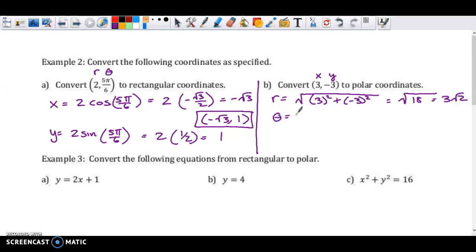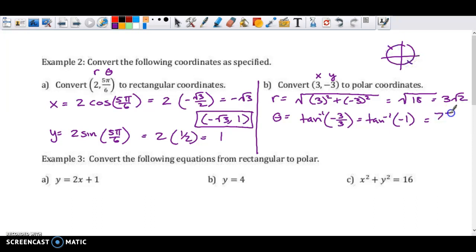Theta, we need to find an angle. You could use sine or cosine or tangent. I normally like to use tangent, especially in cases like this, where it's negative 3 over 3, because that's the inverse tangent of negative 1, and I know that that's going to be that pi over 4 family. Now, it could be a pi over 4, because that's where it's positive 1, so it has to be in either this quadrant or this one.